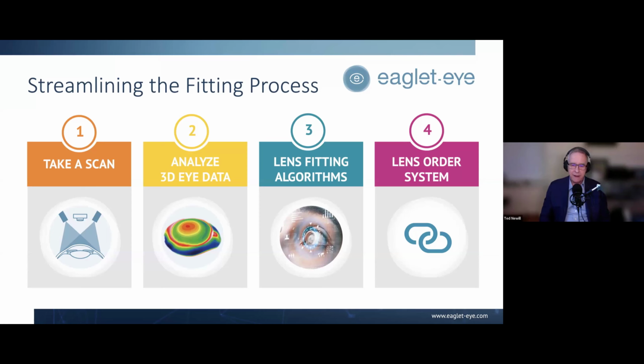And then using that data, we want to work with the algorithms that we've developed with the labs to help create a lens fitting solution for the challenge that you've just faced as you've looked at that data. And then finally, as you come to a lens fitting solution, we want to be able to help you get that solution to the lab so they can make a lens for you. And that's the last of the 4 steps, the lens ordering system. That's what we're trying to do at Eaglet Eye.